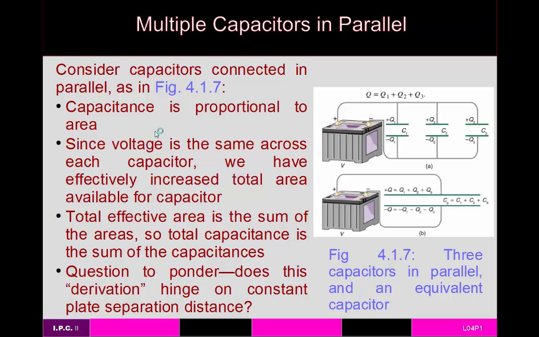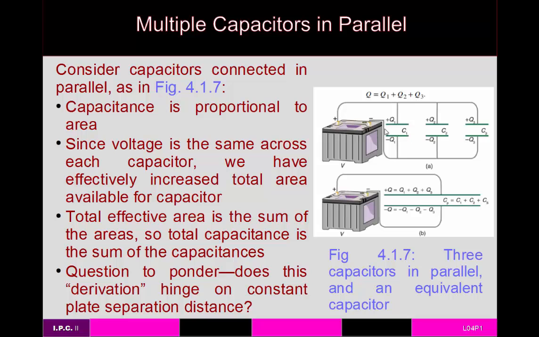The first way of approaching this is sort of the conceptual way, which is to say that we've already defined for a pair of parallel plates that the capacitance is given by the area of the plates divided by the separation between the two plates.